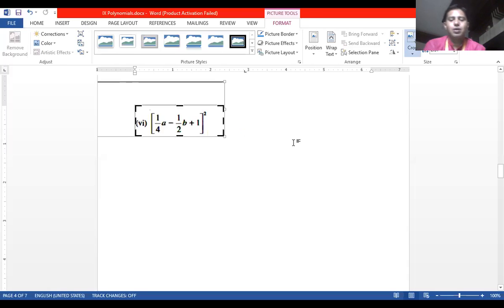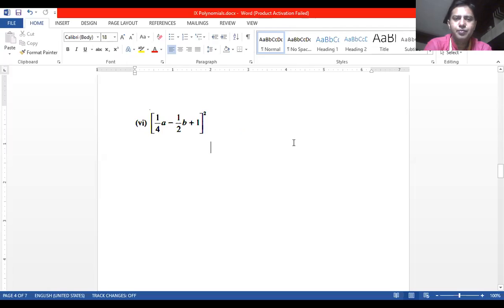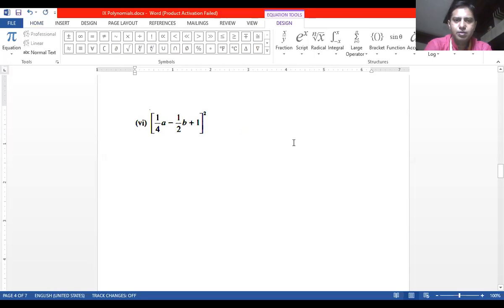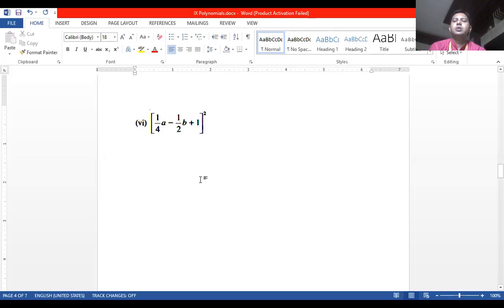Now we'll equate it with the identity x plus y plus z whole square is equal to x square plus y square plus z square, minus, oh sorry, plus 2xy plus 2yz plus 2zx. So we'll substitute the values here.